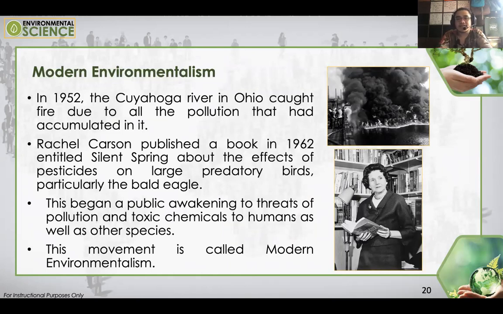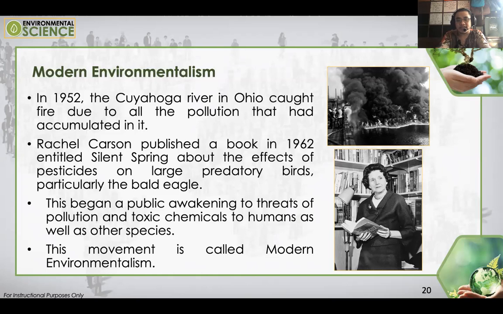Ang environmental science kasi, of course, before the time of Miss Rachel Carson, the environment is just a means to an end for humans. Kumbaga, ginagamit lang ng tao ang environment at its point and not considering other factors.